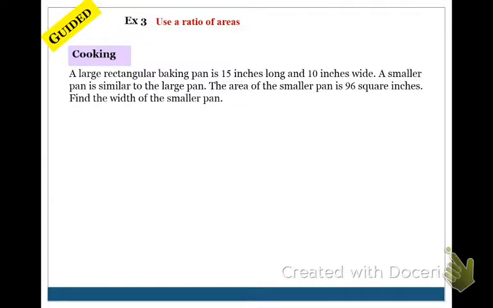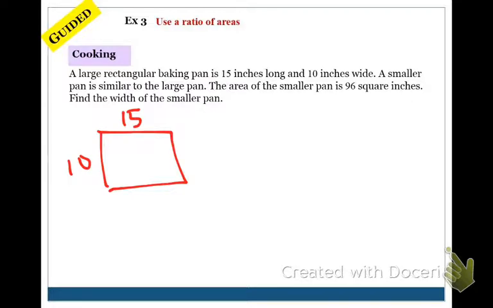Now here's an application. We have a rectangular cooking pan that is 15 by 10. Let's draw a picture. 15 by 10. This is the large one, right? The smaller pan is similar to the large pan.